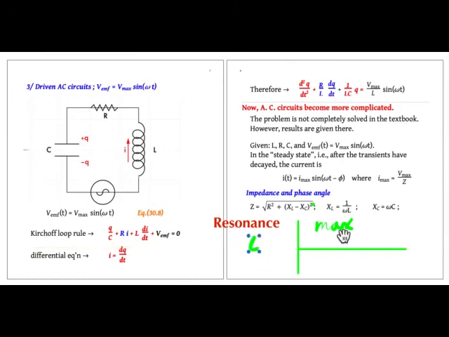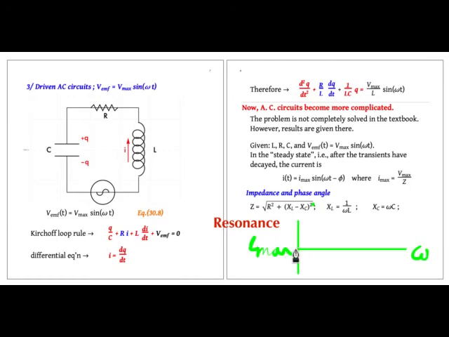So here's I max on this axis, as a function of frequency. That's the driving frequency.